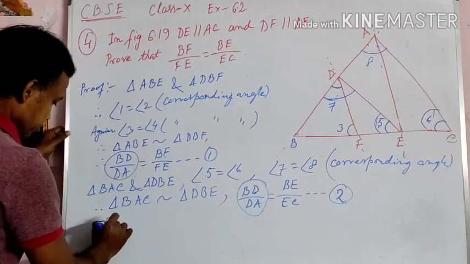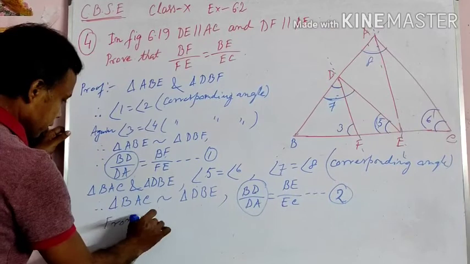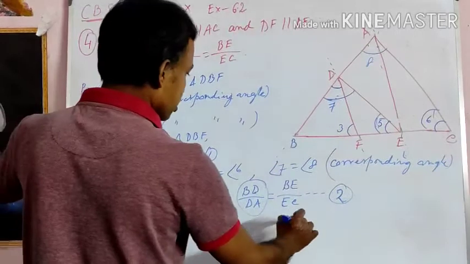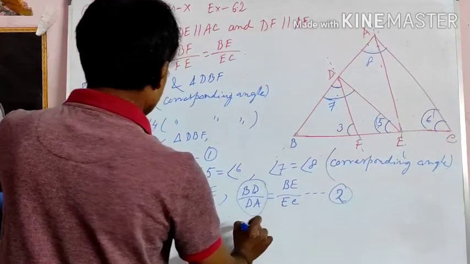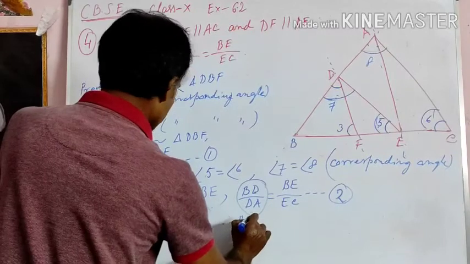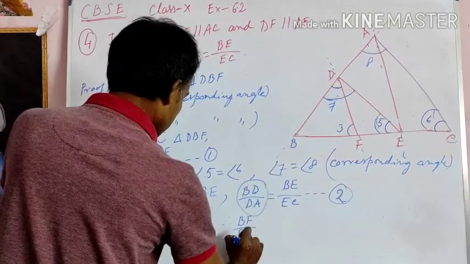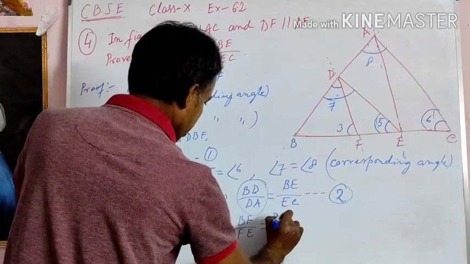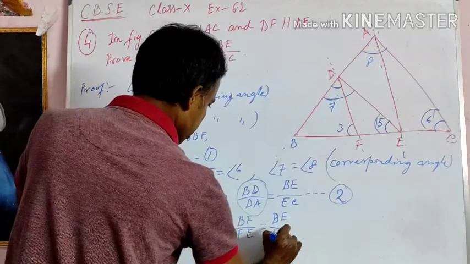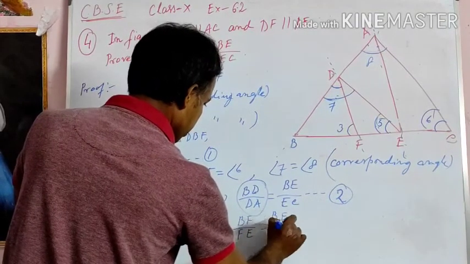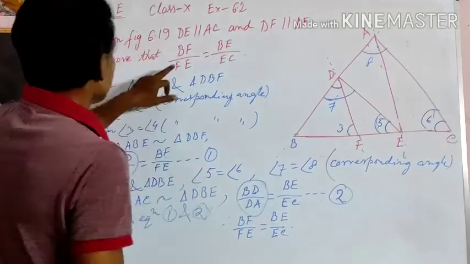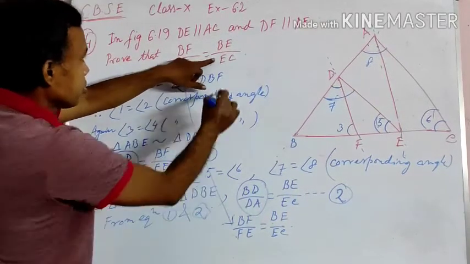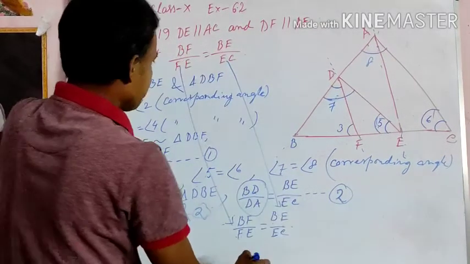Therefore from equations 1 and 2 we can write BF by FE is equal to BE by EC. Proved.